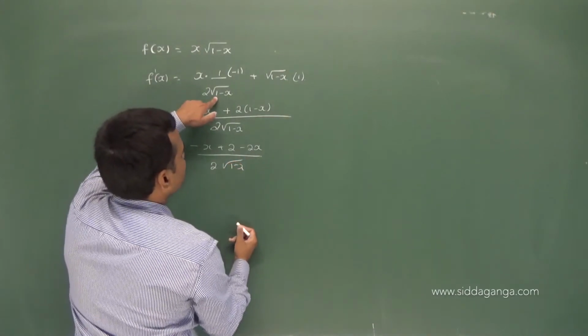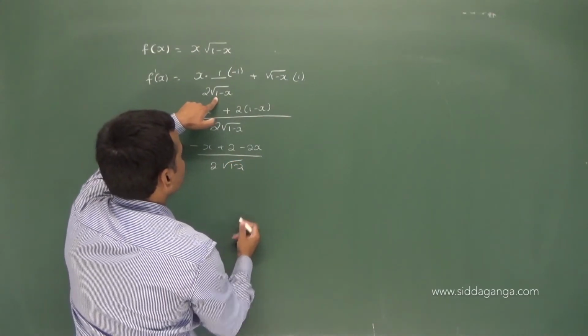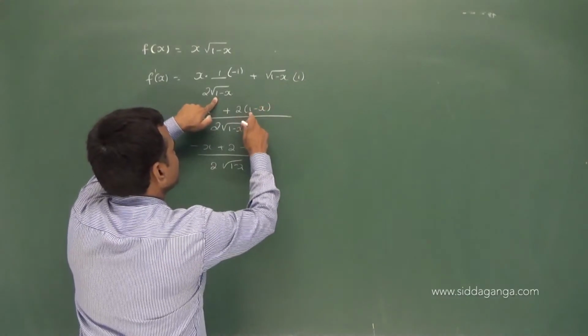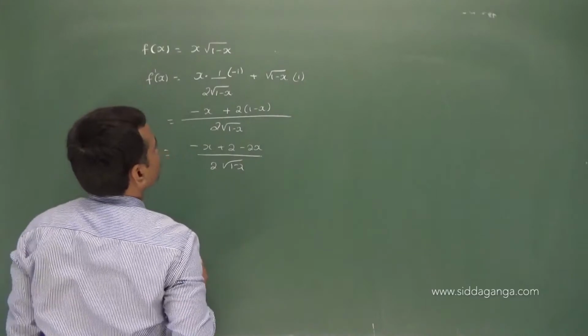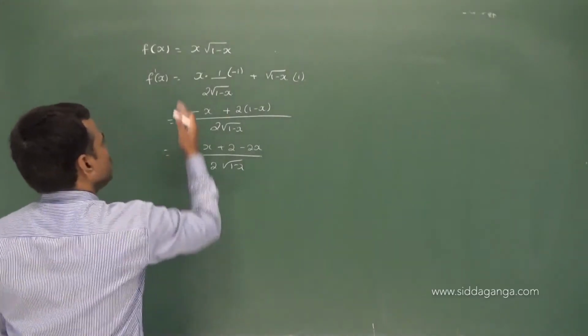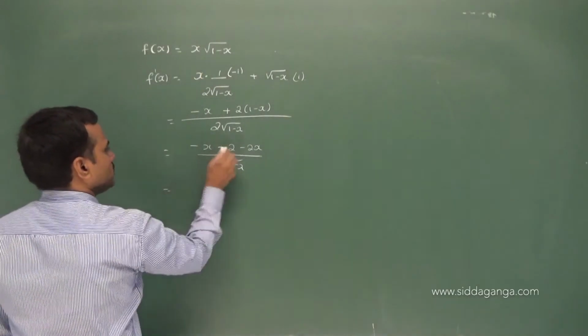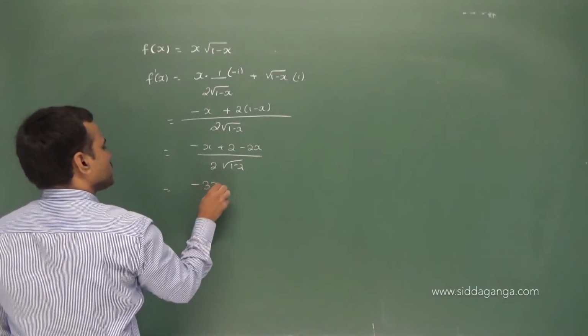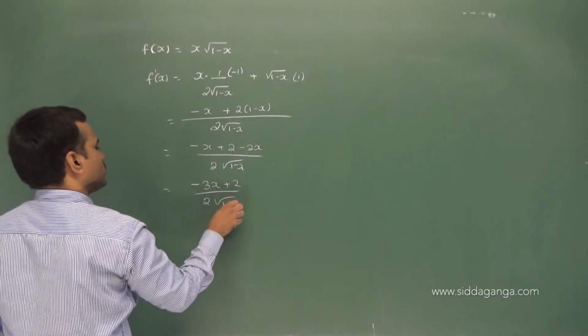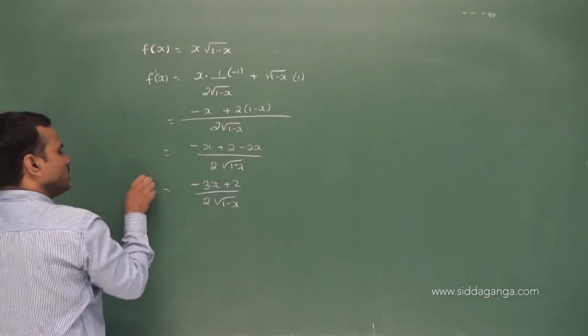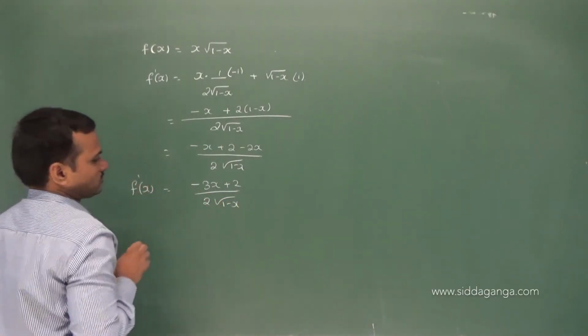I take 2 into root of 1 minus x as the LCM, so root of 1 minus x times root of 1 minus x gives 1 minus x, into 2, which is 2 minus 2x. I did this using the product rule. Minus 3x plus 2 divided by 2 into root of 1 minus x. This is f dash of x.